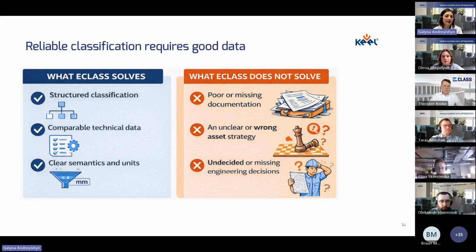ECLASS is a powerful standard, but it is not magic. And if the input data is weak, even the best standard will produce weak results. ECLASS provides the structure, but the quality of the outcome always depends on the quality of your data and the clarity of your engineering decisions.